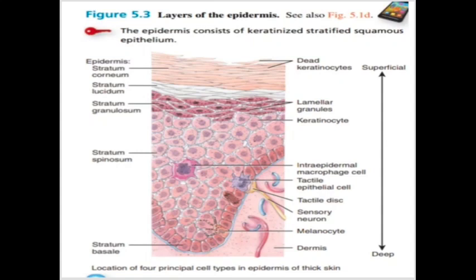The cells in this layer are closely packed together, and the cells here are continuously lost or sloughed off because of environmental stresses or friction from external agents, and the loss of cells in this layer is continuously restored from the cells of the layers below.